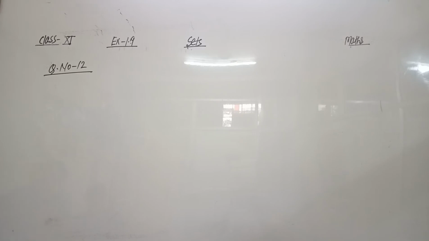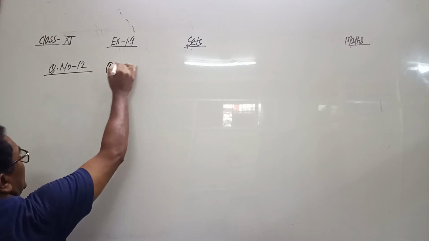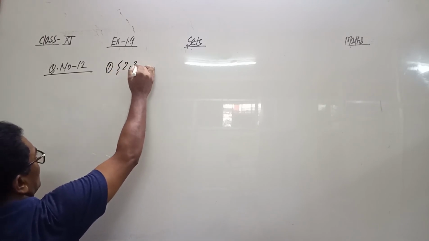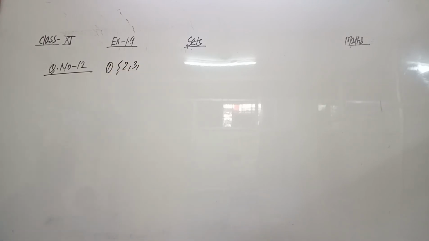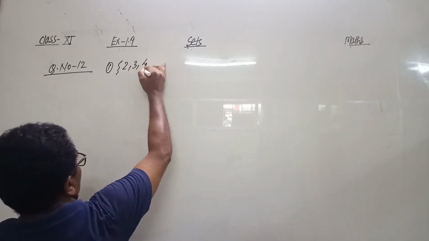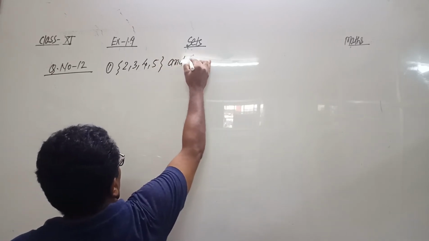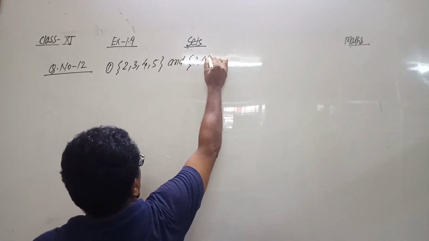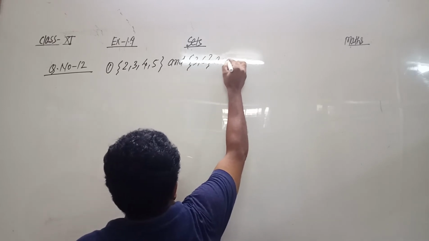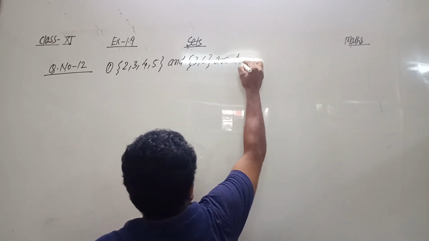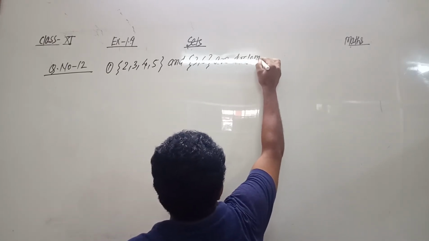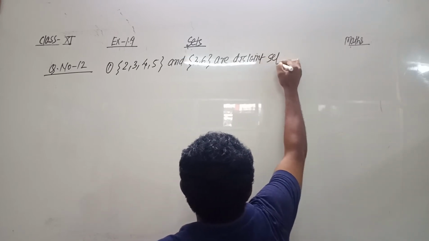The first part is: {2, 3, 4, 5} and another set {3, 6} are disjoint sets.